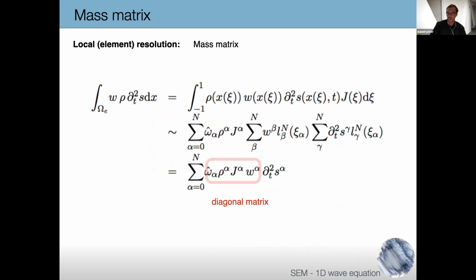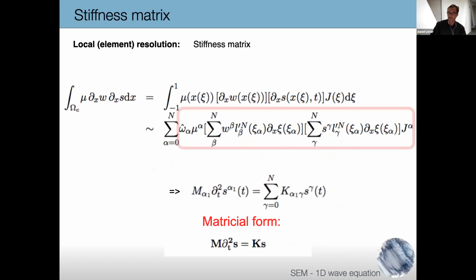The mass matrix looks a little bit different. We don't have a specific heat here, just have density. And for the stiffness matrix, we have the shear modulus rather than having the conductivity kappa. But again, the rest is all the same.